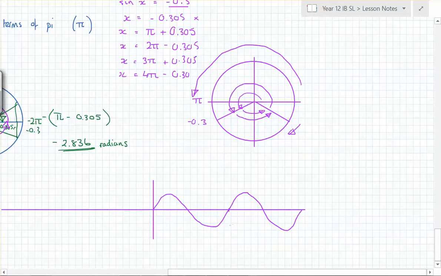Instead of 360 degrees now we have 2 pi, and instead of 720 I have 4 pi. So you should see that the first solution to negative 0.3 is here, and that value happens to be pi plus 0.305. The next one is at 2 pi minus 0.305. The next one is all the way over here. And then finally 4 pi minus 0.305.